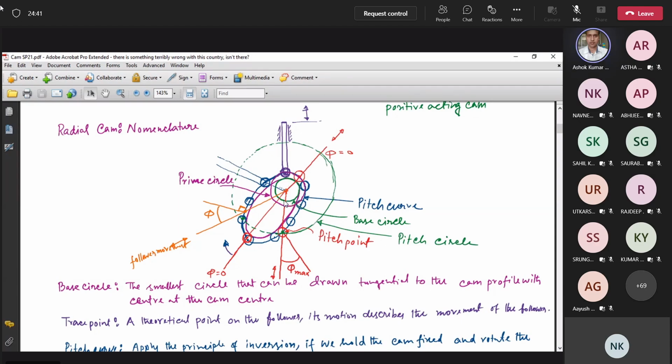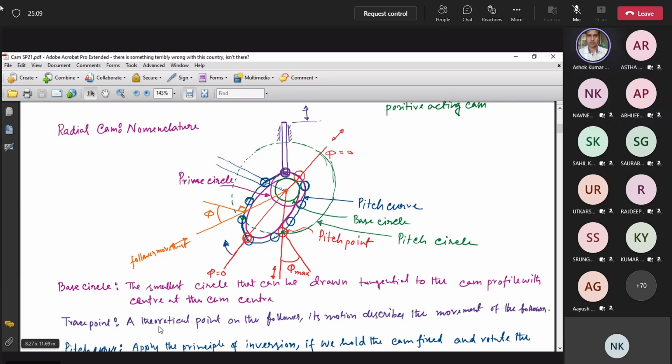The center of the base circle is the center of the cam. So this is called base circle. Have you got it? What is base circle?